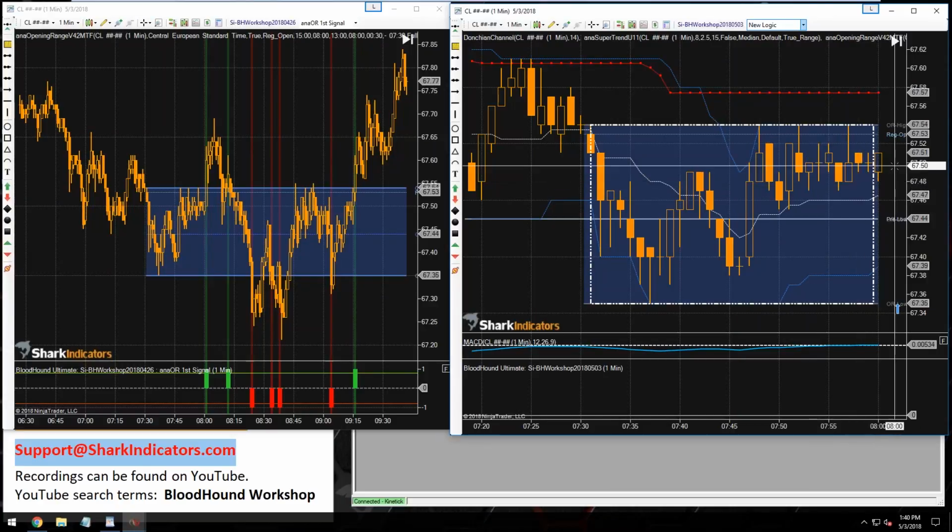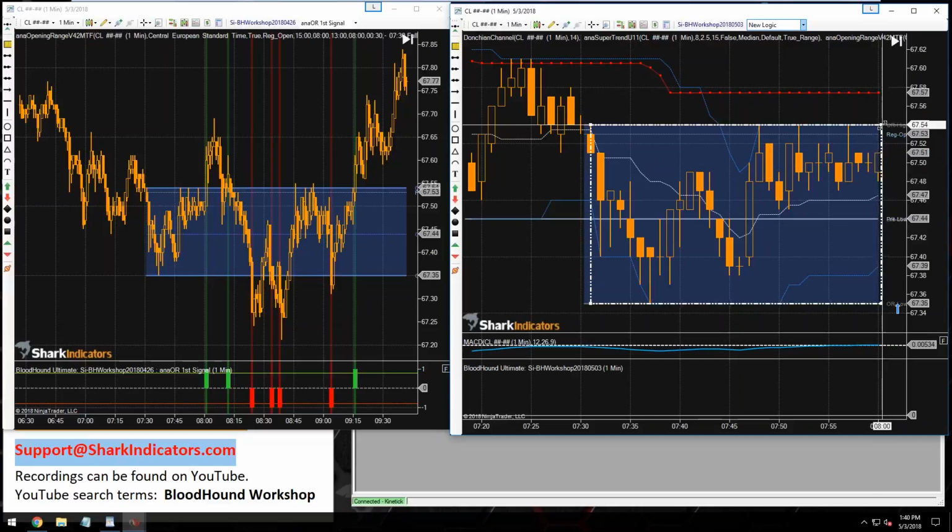Basically we can see on the very first bar here, let's see, I'm going to check the times here. Actually, this bar is included in the time, I believe.